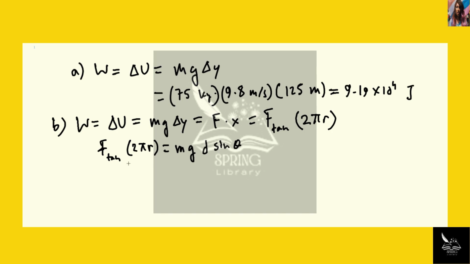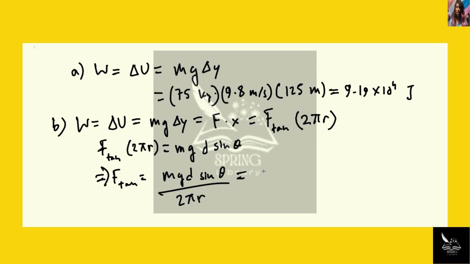The 2 pi r is the one complete revolution part here, okay? So what we get here is tangential force is mg d sine theta over 2 pi r.